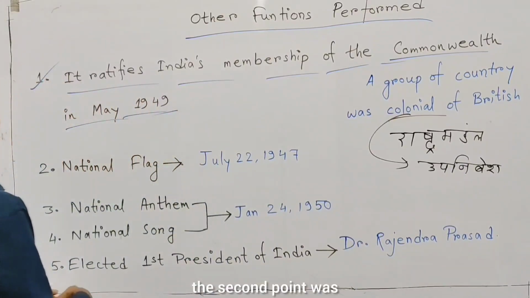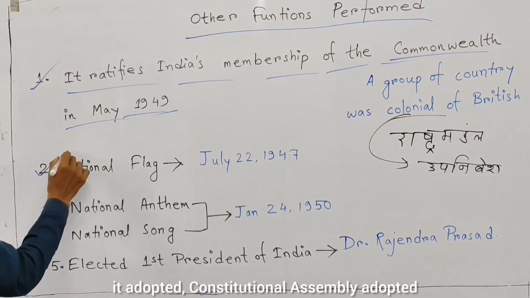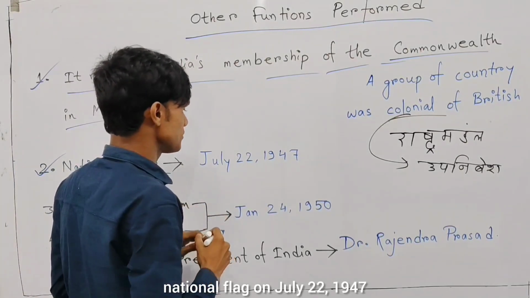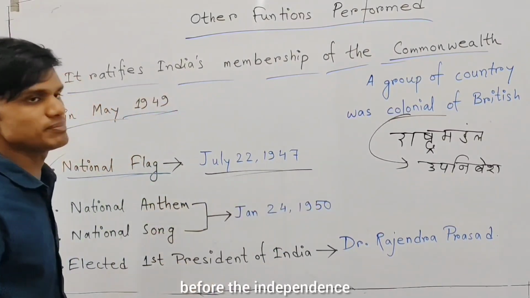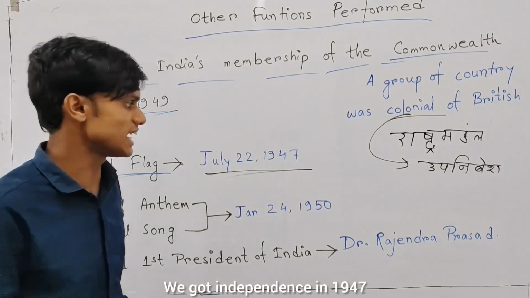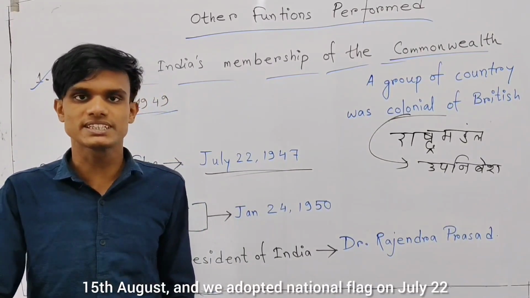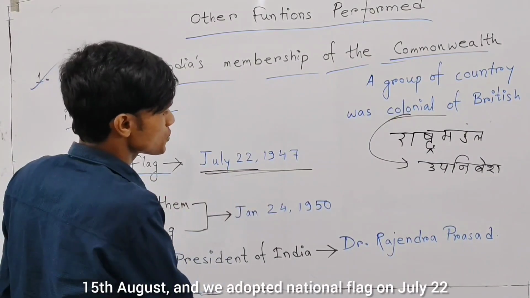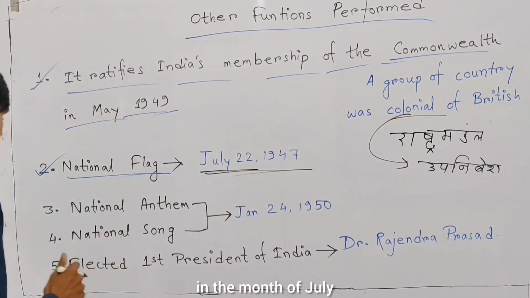The second point was that the Constituent Assembly adopted the national flag on July 22, 1947. We got independence on 15th August 1947, but we adopted the national flag before that, in the month of July.